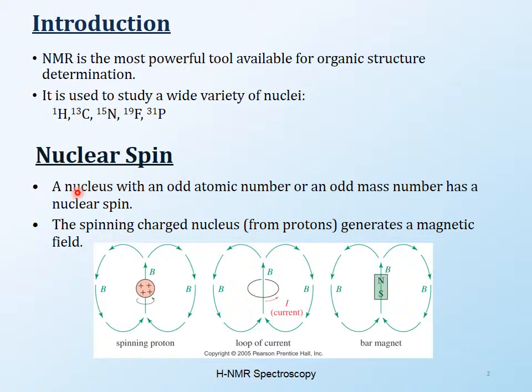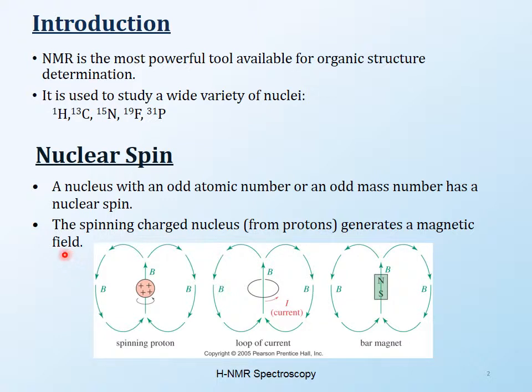So a nucleus with an odd mass number will have a nuclear spin. Now remember, inside the nucleus you have two particles, the proton and the neutron. The proton also has its own spinning. Just like the electron, which has a magnetic spin of plus half and minus half, the proton has the same kind of thing going on. Once you have a proton that is spinning, it will also generate a magnetic field by itself.